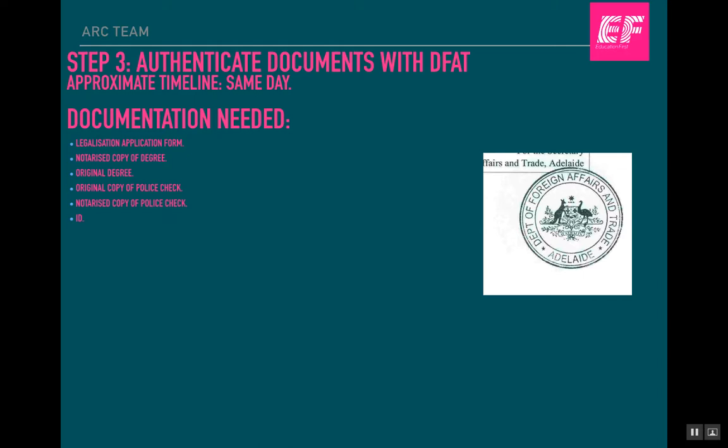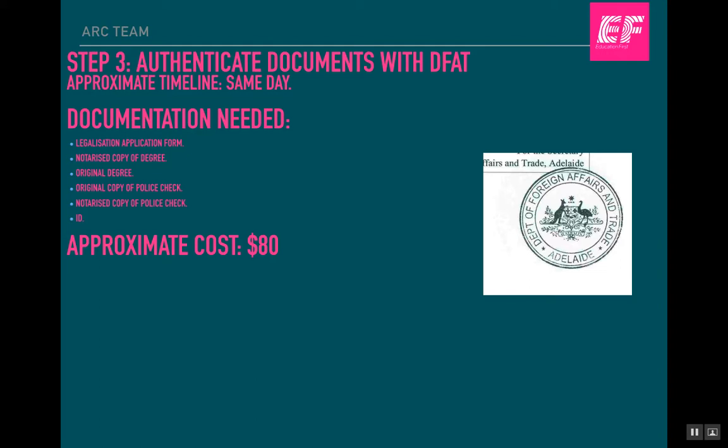You'll need your notarised copy of your degree and your original degree. Your original copy of your police check, which should be notarised, but if for some reason the notary notarised a copy of your police check, you'll need the original copy of the police check and the notarised copy of the police check, and you'll need your ID. Also, if your city requires the TEFL to be notarised and authenticated, you'll need your notarised TEFL certificate here as well.